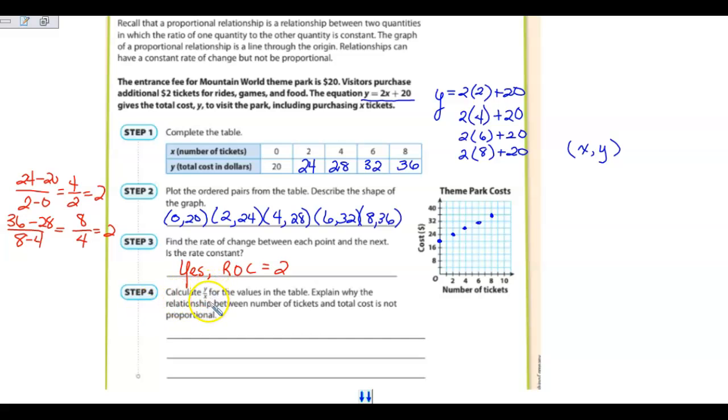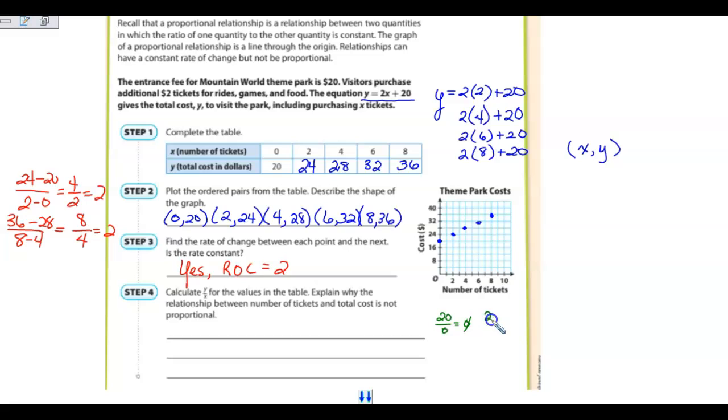Calculate y over x for the values in the table. Explain why the relationship between the number of tickets and the total cost is not proportional. So now we're just going to find the constant just looking at these. Well, if I have 20 divided by 0, it's 0. Or it can't be done. It's undefined.